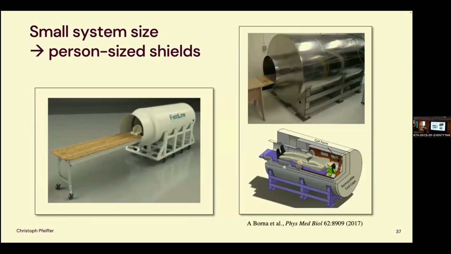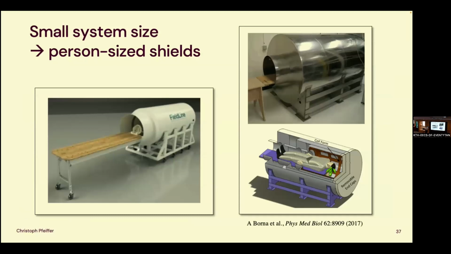And this brings a really useful opportunity, namely that we can make the room smaller. So we don't have to have a huge room anymore that houses this big hairdryer. We can just make this kind of tube that has a few layers of mu metal, and then we put the person in. Those examples are roughly the size of an MRI machine.